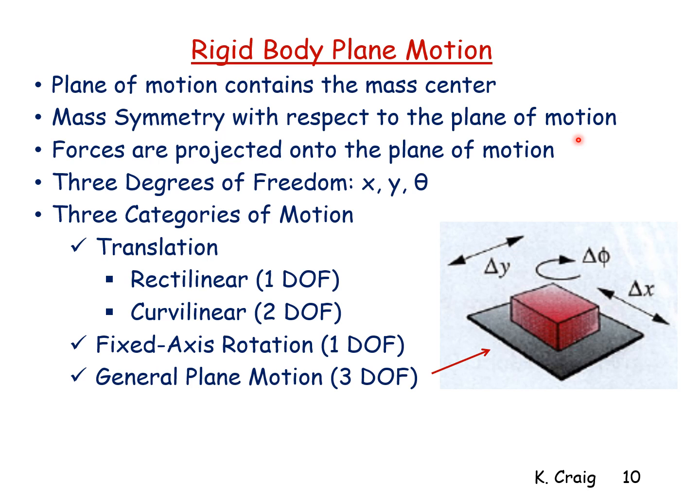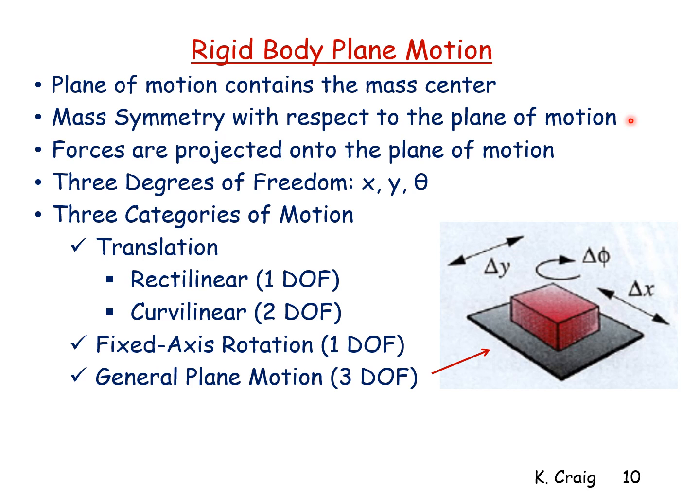The disc and the bars rather, there are 2 bars, one in the front, one in the back, that are not in the plane of motion, but are there to make the motion be able to be modeled as plane motion. So there are no forces out of the plane of motion. So the plane of motion must contain the mass center of our rigid body. And as you saw in the picture, we must have mass symmetry with respect to that plane of motion.